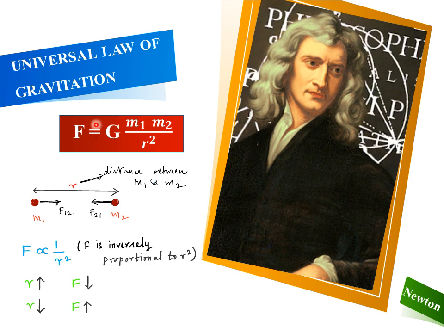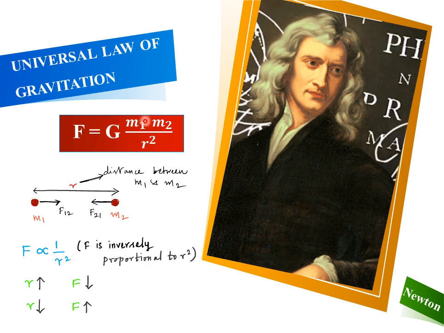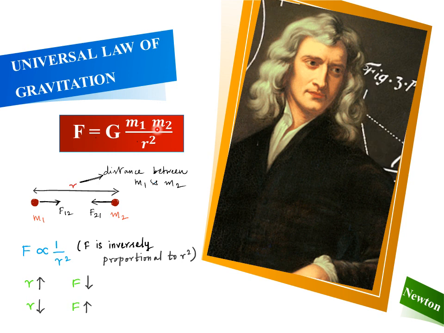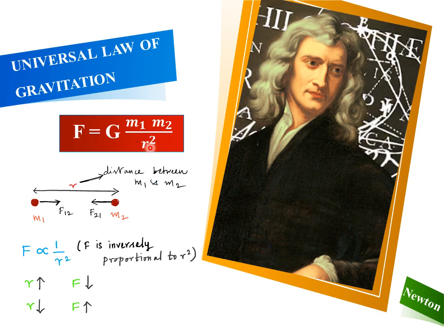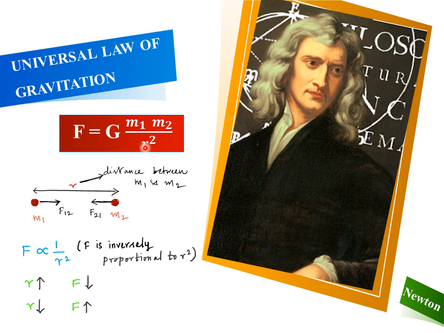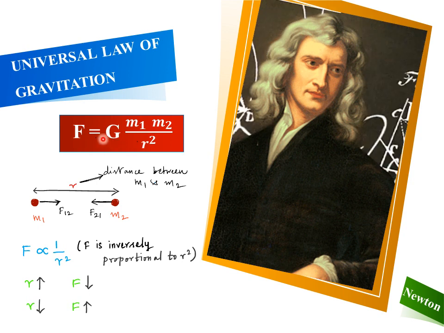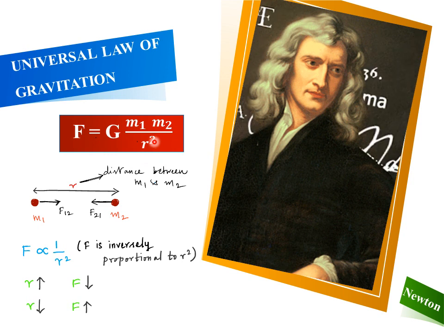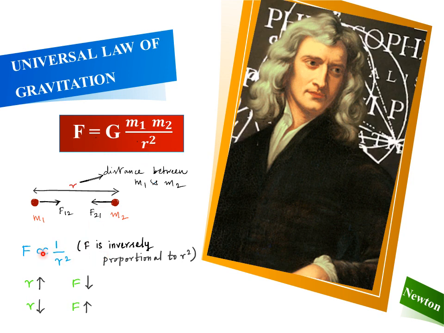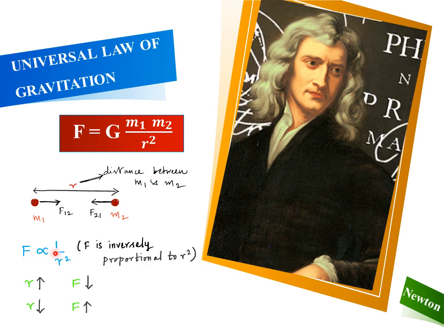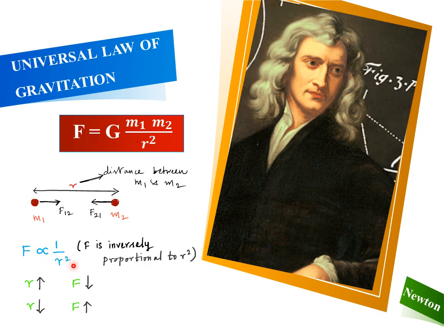That is, force is directly proportional to the product of the masses and inversely proportional to the square of the distance between the particles. So F is inversely proportional to r square, or F is directly proportional to 1 by r square.